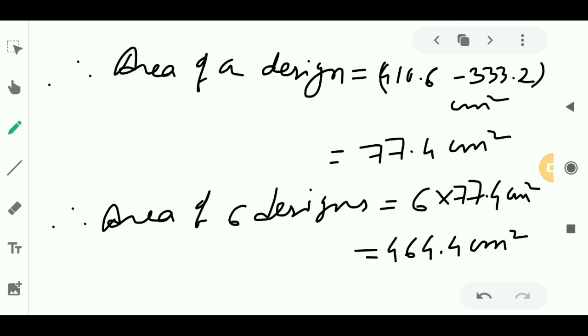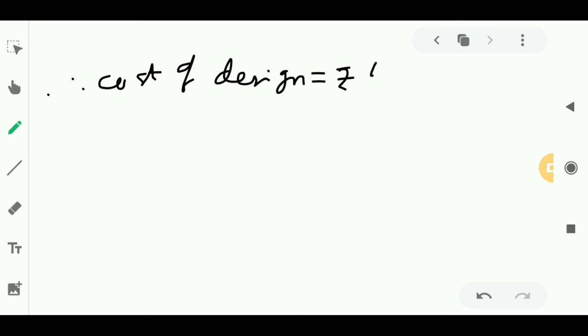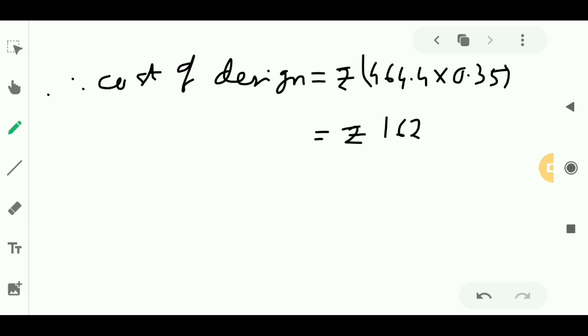Now the cost per centimeter square is given, so we will multiply this with that. Therefore, the cost of the design, directly we will multiply 464.4 rupees into 0.35, and after multiplying we will get the answer. 464.4 into 0.35 is 162.54 rupees.